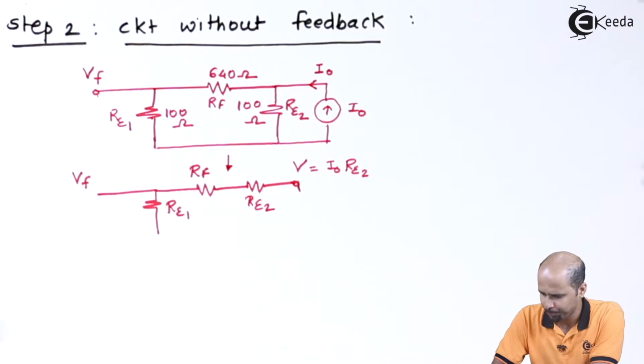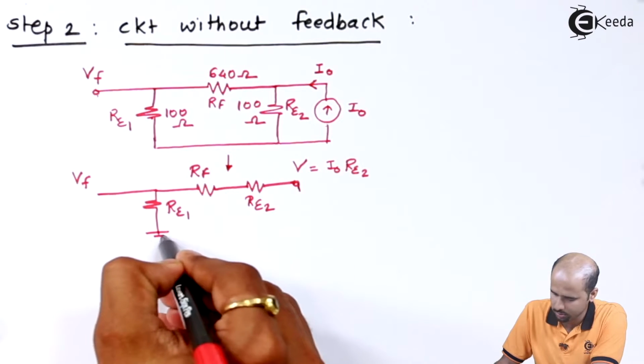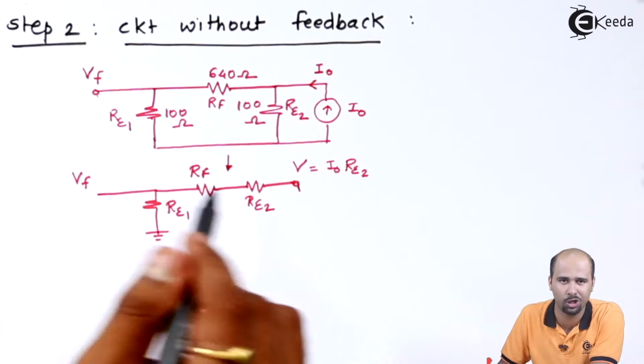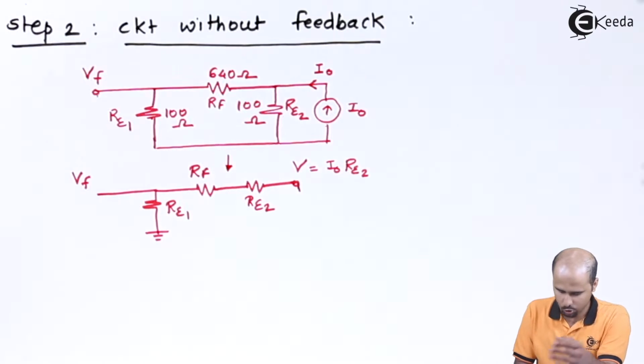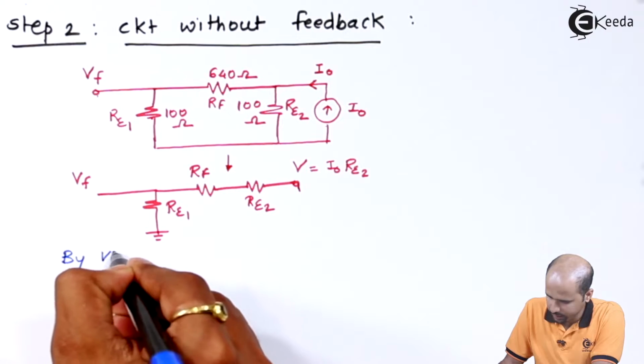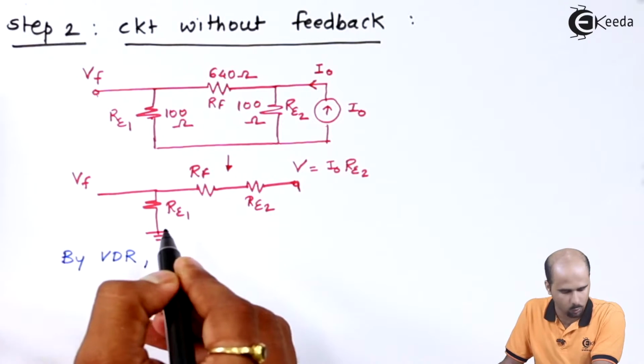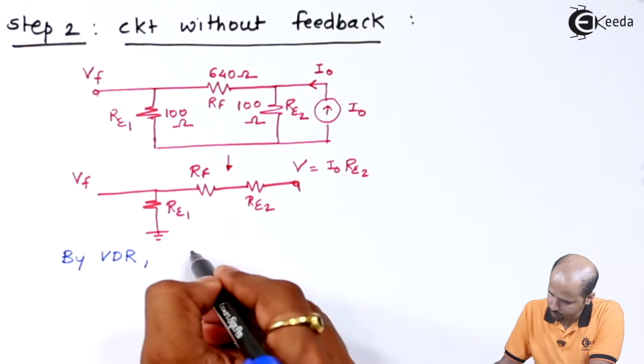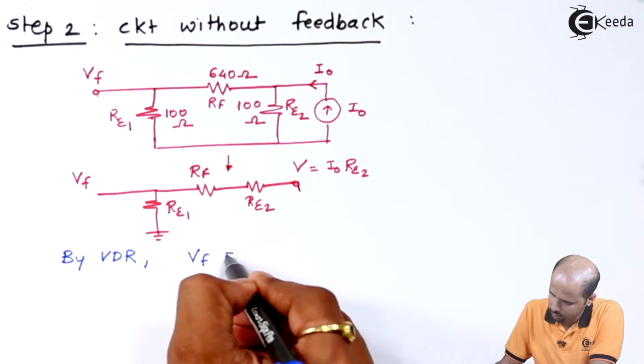Very simple. Now we will use the voltage divider rule, right? So by using VDR, what do we get?